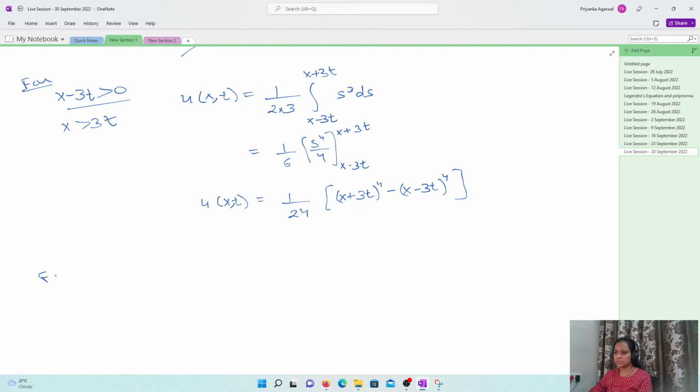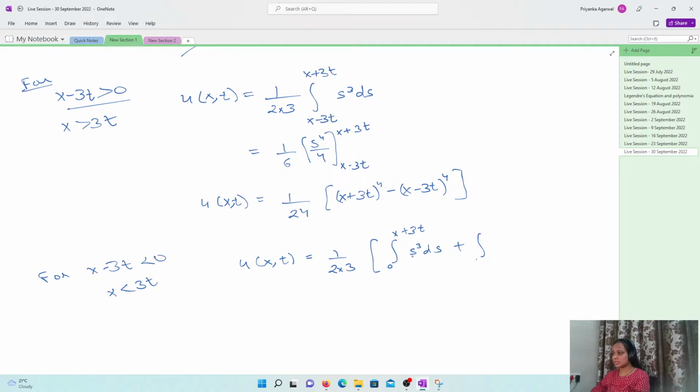Okay. Now for x minus 3t less than 0, that is x is less than 3t, what we have is u(x, t) equals 1 by 2 into 3 integral, where the integral is x minus 3t to x plus 3t, right?